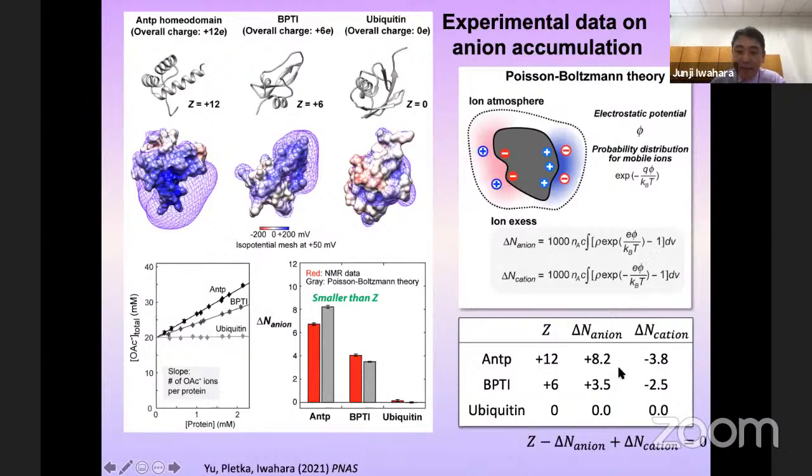The theory predicts that the anion accumulation for BPTI is about 3.5, and for Antennapedia it's 8.2. It's still smaller than the overall charge. Co-ion exclusion, cation exclusion in this case, is quite significant like this. That's why this number is not really the same as the overall charge here.